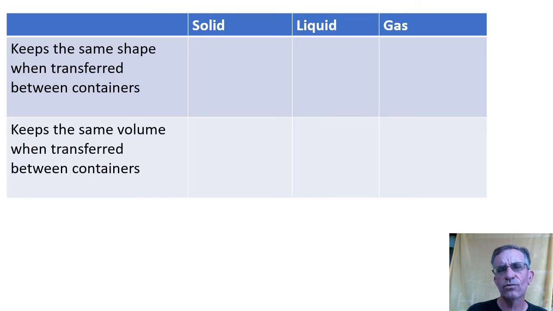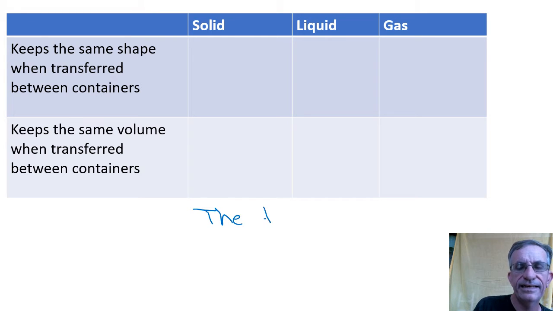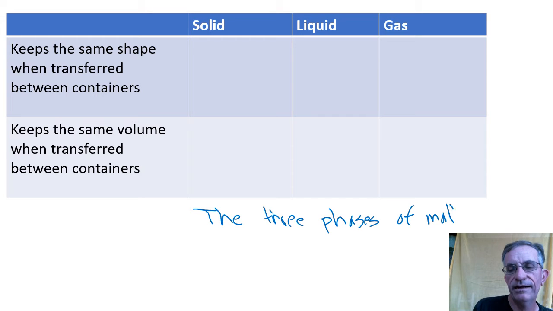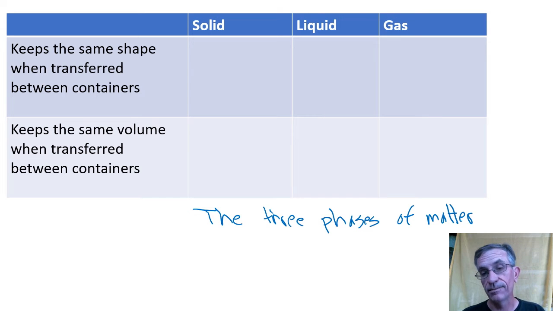These three, solids, liquids, and gases, are called the, I should get a pen here, switch colors, the three phases of matter. Everything around us will fit into one of these categories. What makes something fit into these categories is how it behaves when you transfer it from place to place.